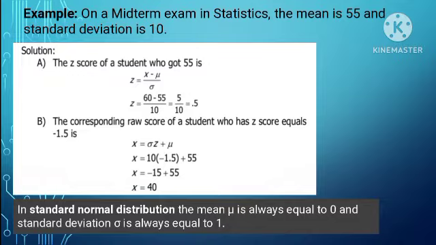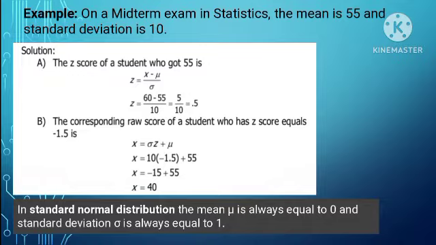Since 1.5 is negative, it would be negative 15 plus 55, which is equal to 40. Thus, the corresponding raw score of a student who has a z-score equal to negative 1.5 is 40.